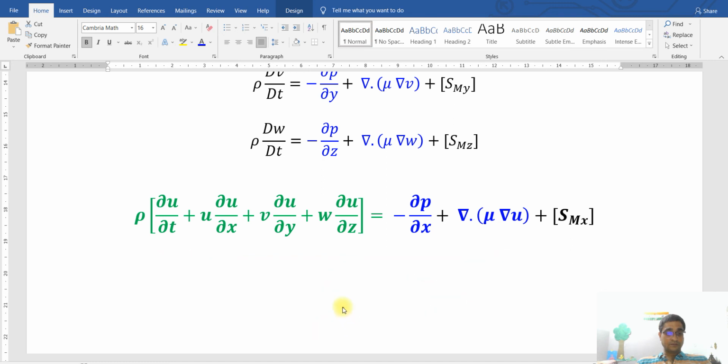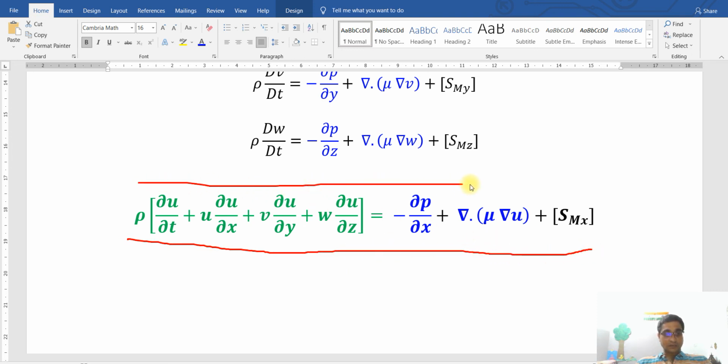So engineers avoid DNS, but scientists love DNS, because DNS will give you the physics from the smallest vortex to the largest eddies. We will see in the next lecture how the largest eddies and smallest eddies are associated.